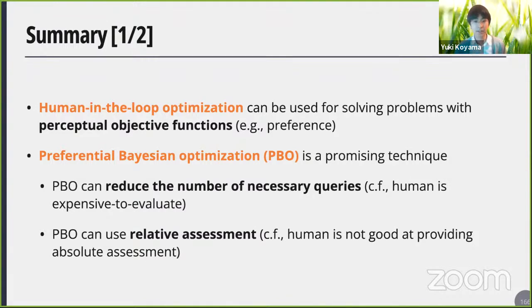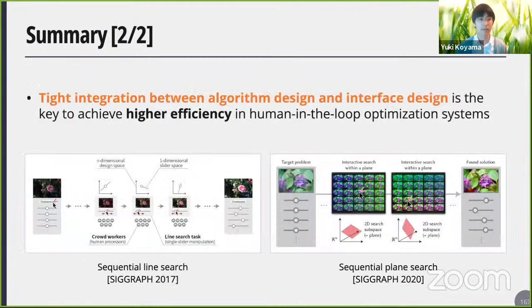It can also use relative assessment, which is important when we ask humans to perform perceptual evaluation. As we saw in the two projects, tight integration between algorithm design and interface design would be the key to achieve higher efficiency in human-in-the-loop optimization systems.